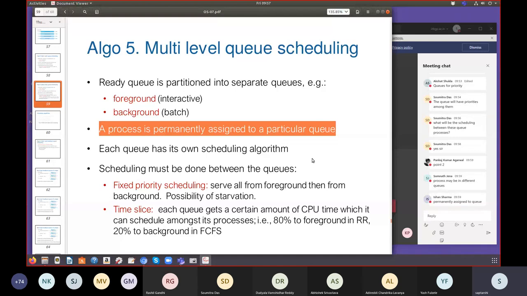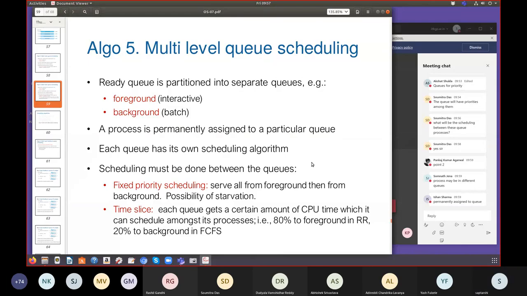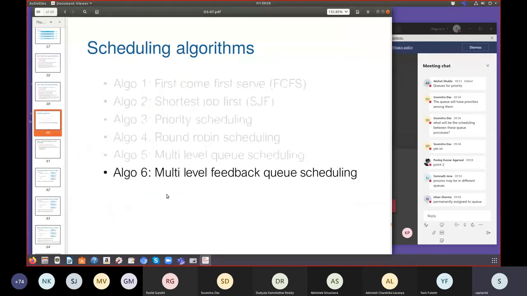So the question is, do we allow processes to move from one queue to another? In this scheme, multi-level queue scheduling, that is not allowed. A process is permanently assigned to a particular queue. But there is another scheduling algorithm which is called multi-level feedback queue scheduling. Here, processes will be allowed to go from one queue to another.